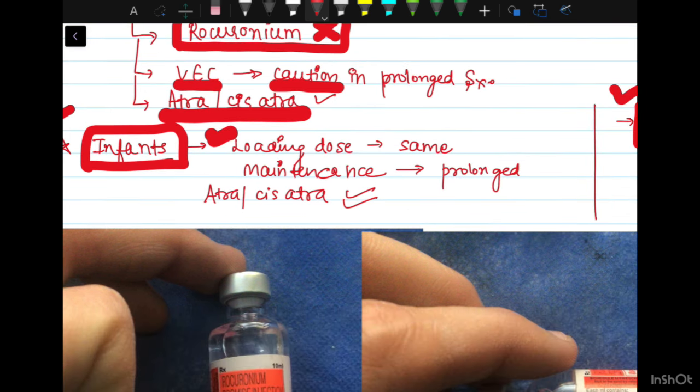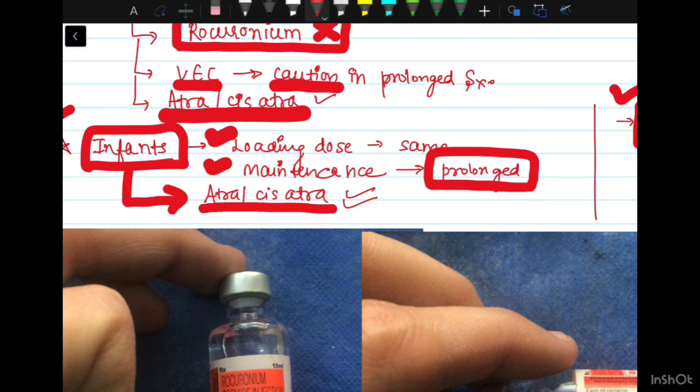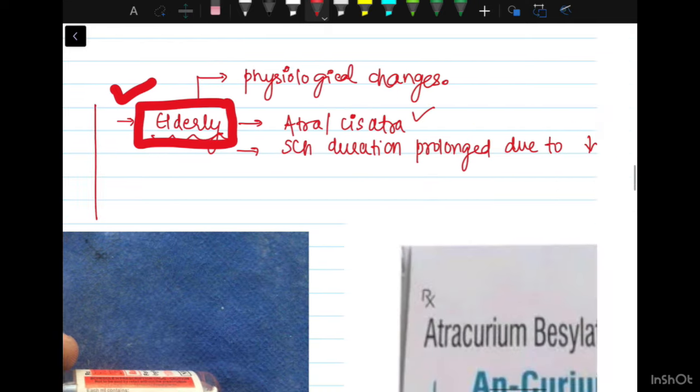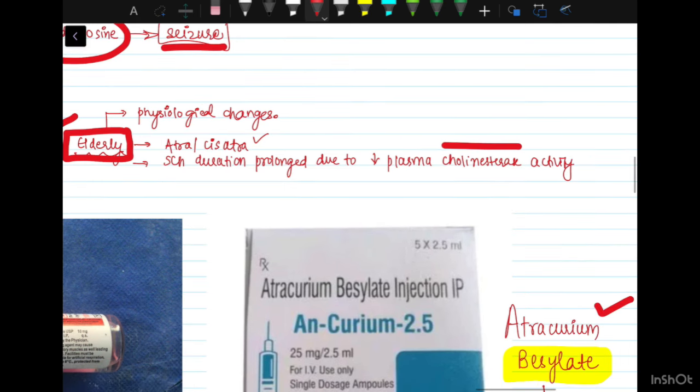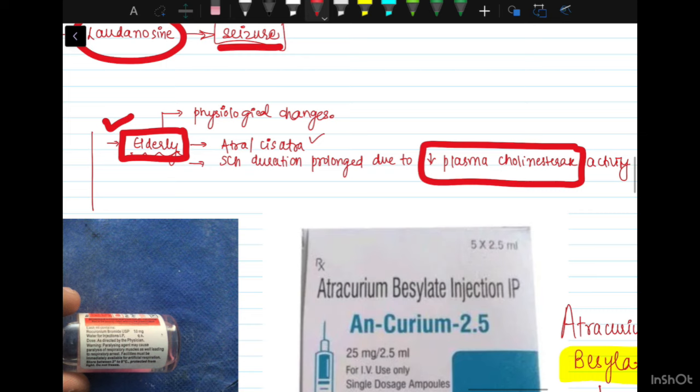In infants, the loading dose is going to remain the same, but for maintenance, because metabolism and excretion are poor due to poor liver and kidney function, the doses have to be given at larger intervals, and that is why again the best choice in infants is atracurium. In elderly patients, because of the physiological changes, that is poor liver function, poor kidney function, and reduced plasma cholinesterase activity, you should avoid giving vecuronium or rocuronium.